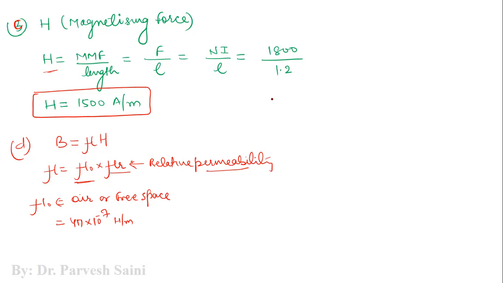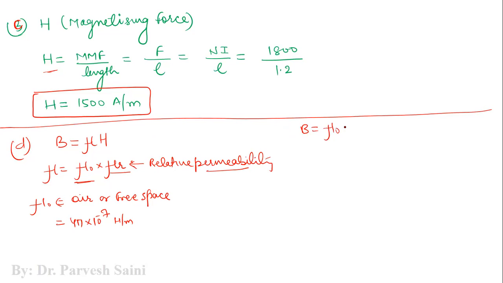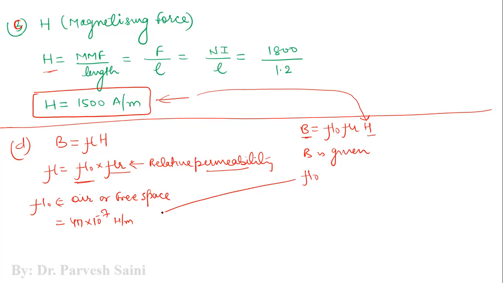And mu r is the relative permeability. So we can find out the value of relative permeability. So we can write B is equal to mu naught into mu r into H. So we know B, which is given to us. H we have calculated here, right? Mu naught is this one, and so we can find out mu r. We can rearrange this one.